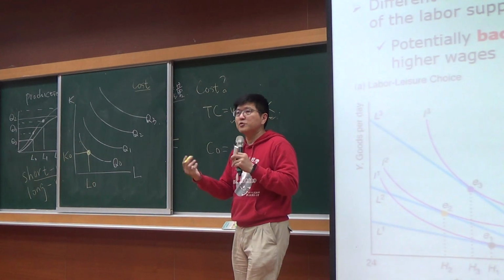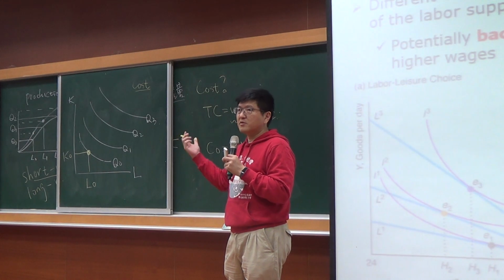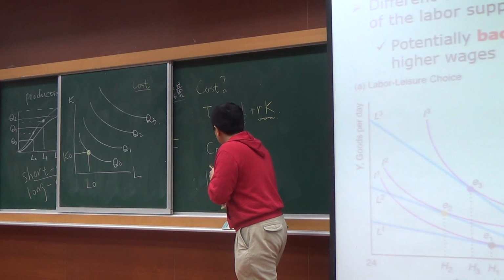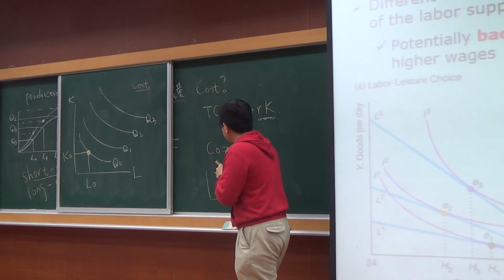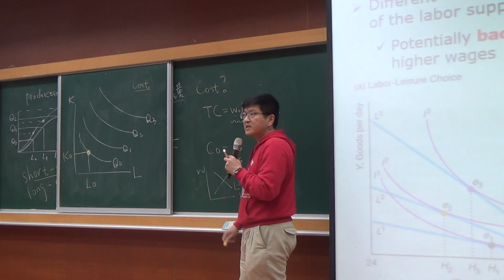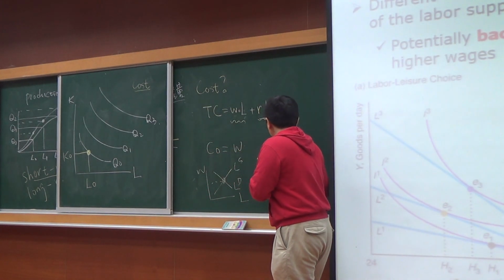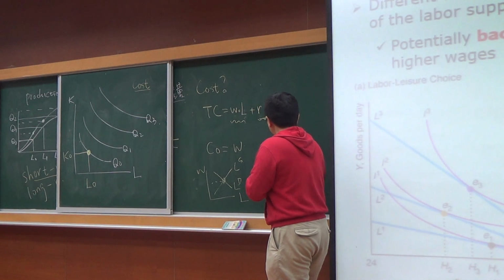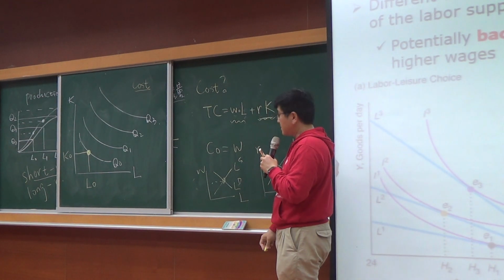Okay, so we have two factor markets, one for labor, one for capital. For the labor market, we have labor demand, we have labor supply, and the price is the wage. So we have a market price, right? And with capital, we have capital demand, capital supply, and the price is R, rent.